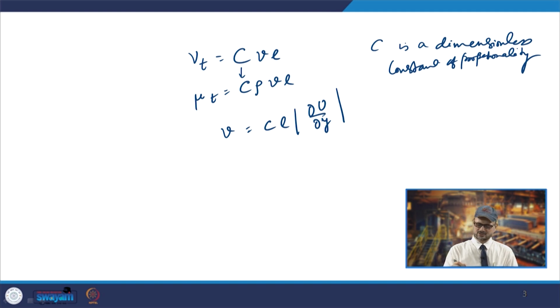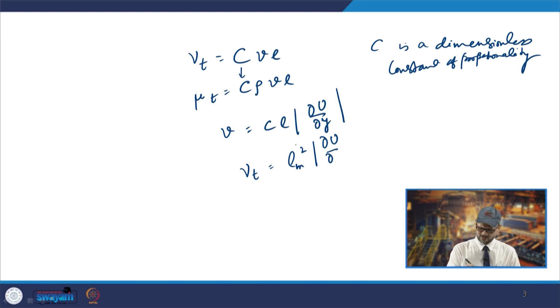And because the turbulent stresses have also a relationship with the velocity gradient, the velocity scale can be expressed in terms of C L dou u by dou y. So, if you use them, you can further write nu t as Lm square and dou u by dou y.